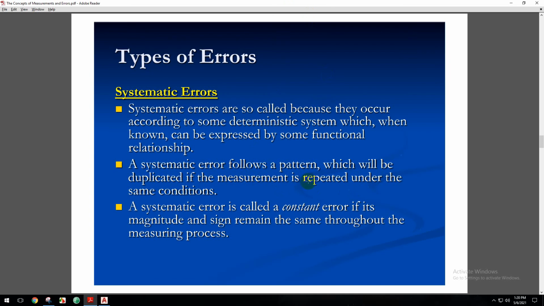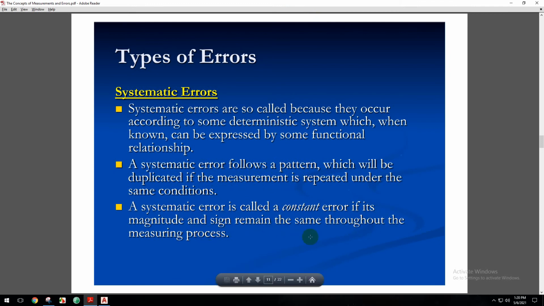Okay? Or every time nga ni-level sa imong tripod to the left permanente ang displacement sa imong bubble, so every time nga ingana imong pag-set up, naay error ang imong measurement. So I mean naa siya pattern. And since ang pattern niya is determinable or once masakpan na siya nga pattern, a systematic error is called a constant error if its magnitude and sign remain the same throughout the measuring process.